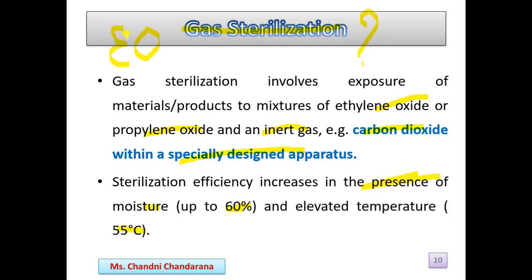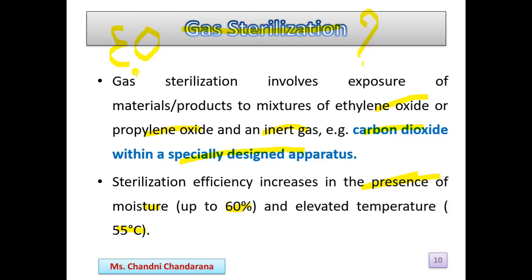Now generally, as I said, ethylene oxide is used. So what is the mechanism of action of ethylene oxide? It will produce alkylation of the hydroxyl groups, carboxyl groups, or amino groups present in the bacterial enzyme.